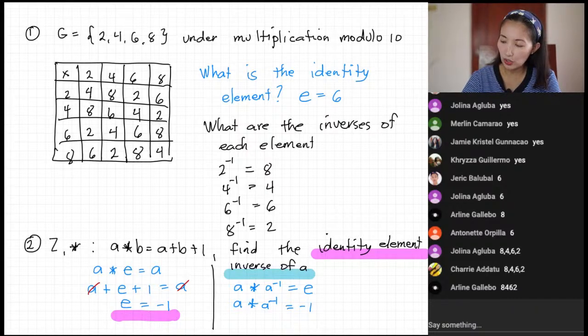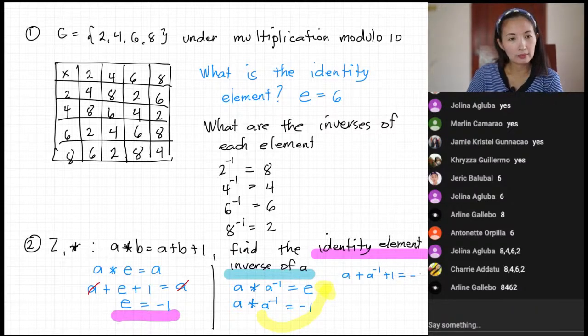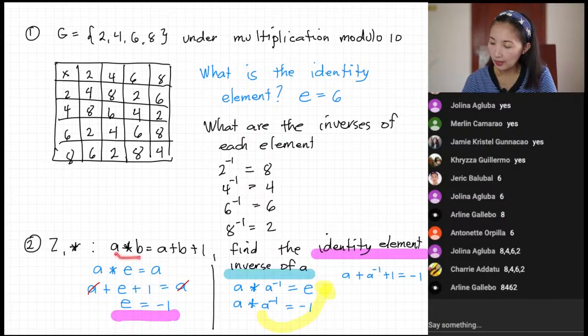Okay, again, by definition, what is A star A inverse? Go back to the definition of the operation star. It's defined as A plus A inverse plus 1 equals negative 1. By this definition, the sum of the two plus 1 equals negative 1.